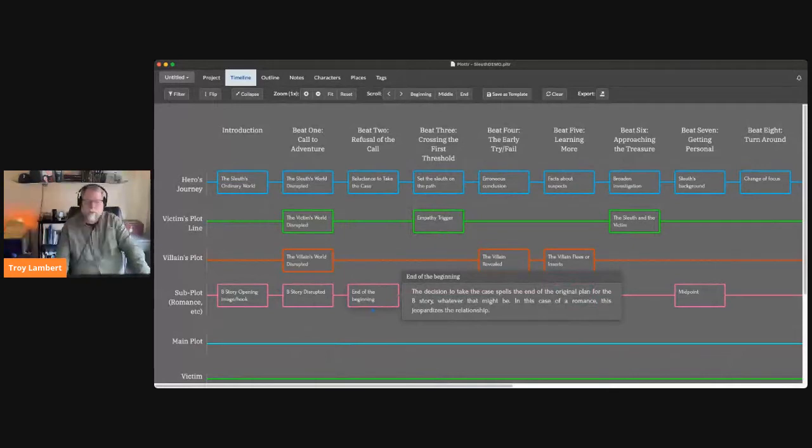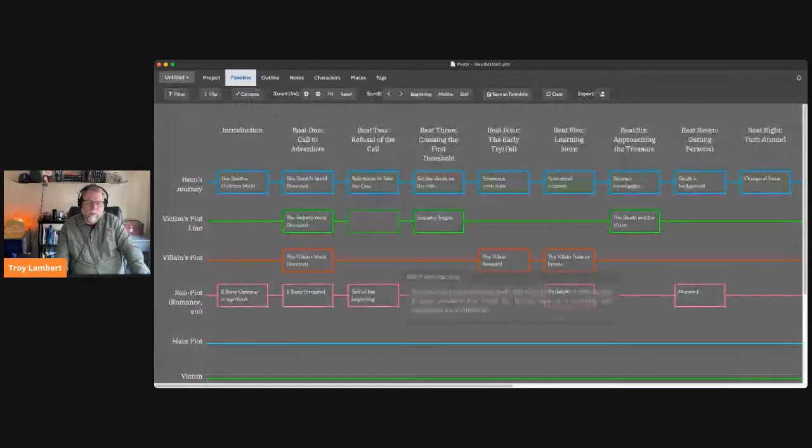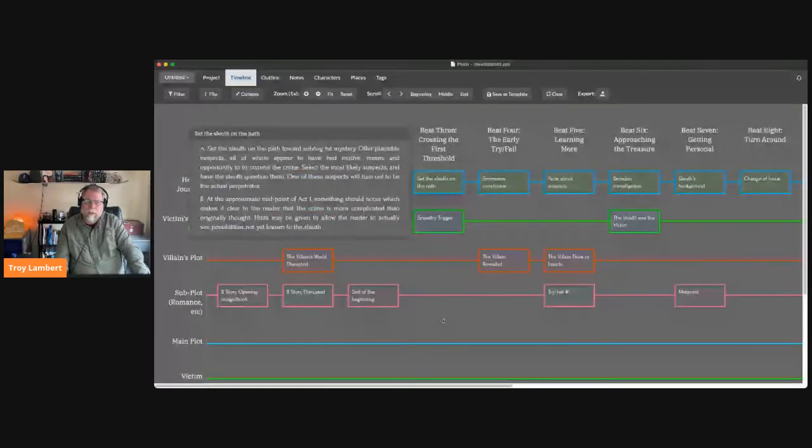But you'll notice that this also disrupts the B story because the decision to take the case spells the end of the original plan for the B story. So if it's a romance, obviously the romance is disrupted. Maybe his wife doesn't want him to take the case. It jeopardizes the relationship, or it jeopardizes whatever else is happening in the B story and causes a disruption there as well, as soon as the decision is made to take the case.